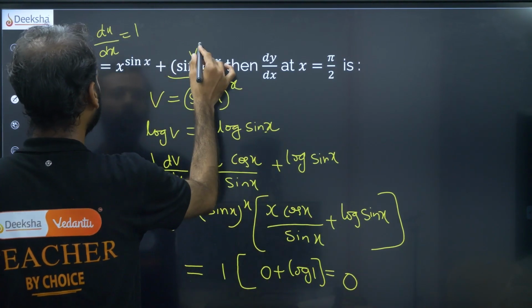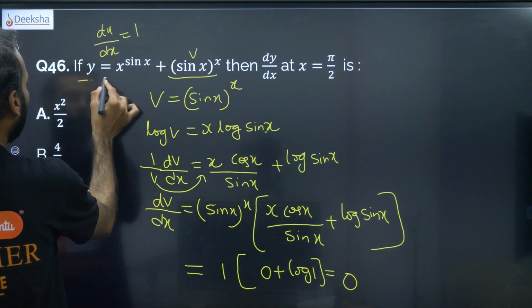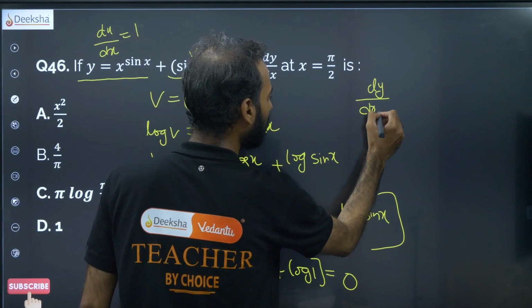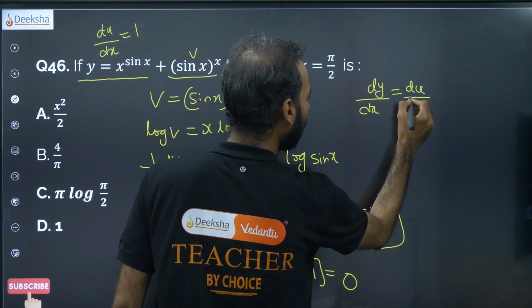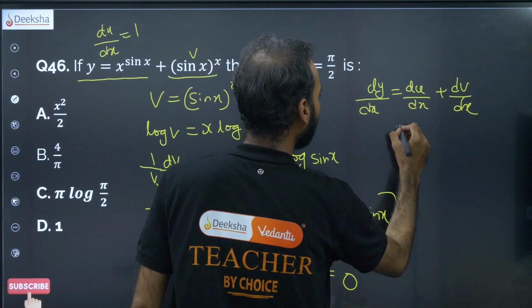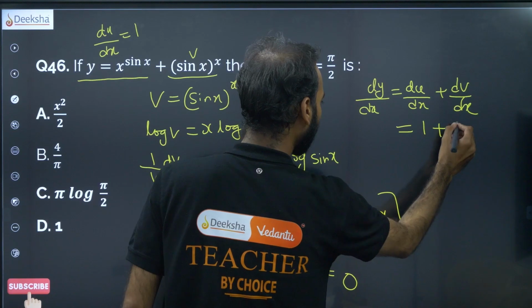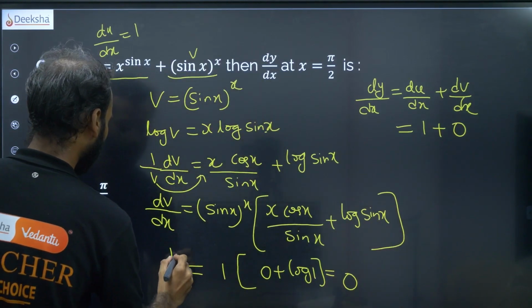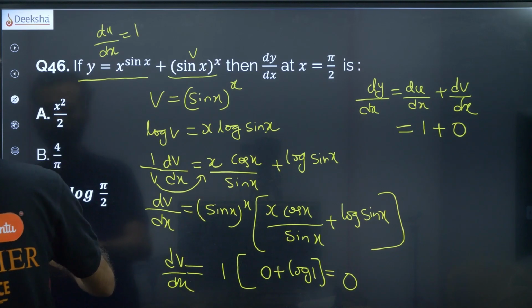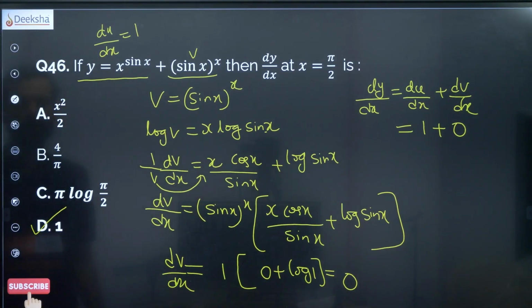That means this dv by dx is 0. We have dy by dx equal to du by dx plus dv by dx. du by dx is 1, dv by dx is 0. That means dy by dx is 1, so the answer is D.